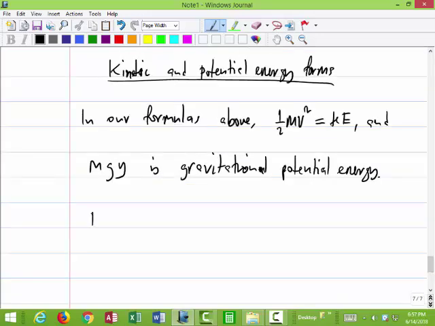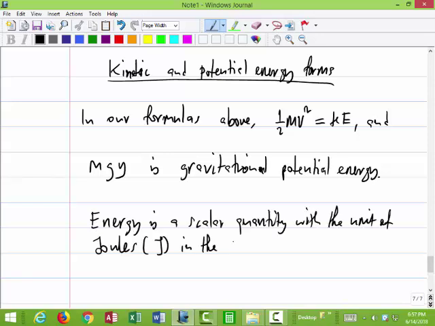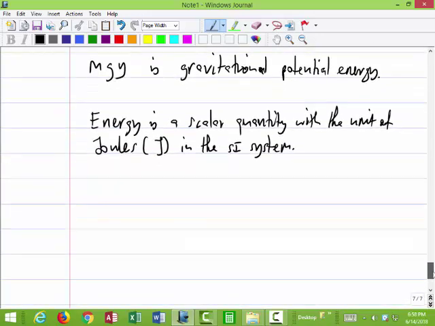Energy is a scalar quantity with a unit of joules in the SI system. All forms of energy are measured in joules in the SI system. So chemical energy is also measured in joules, nuclear energy in joules, potential energy, gravitational and kinetic are all measured in joules. We note that 1 joule of energy is equal to 1 kilogram meters squared per second squared, like that.